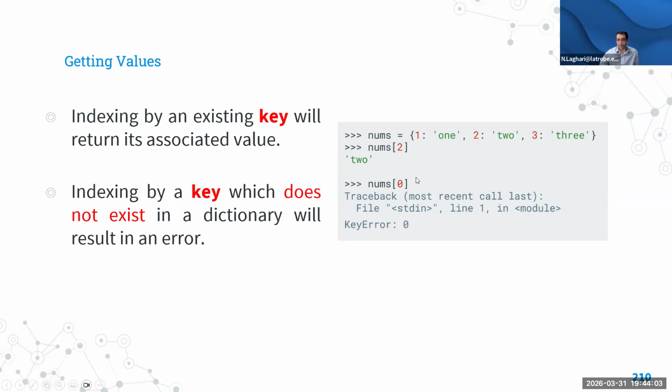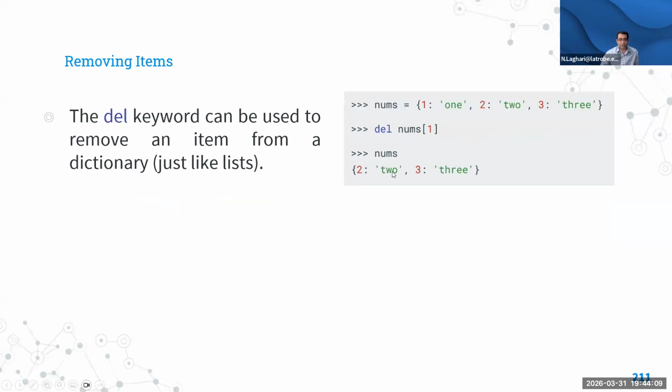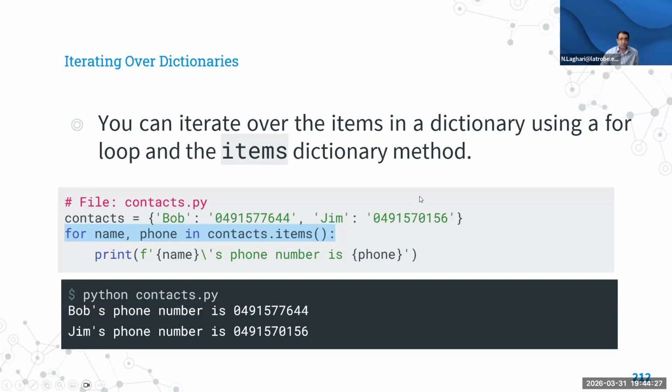So first we want to find out, you can use the in keyword. So if it is there, then you can access it. The del keyword can be used to delete an item from the dictionary. So you delete num[1]. So the key and the value for 1 would be deleted from the dictionary this way.